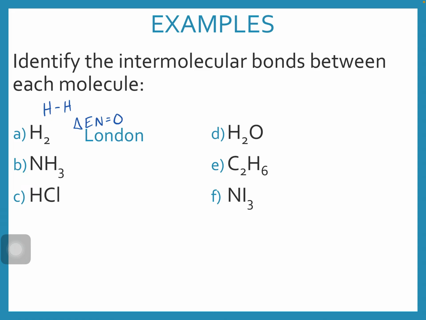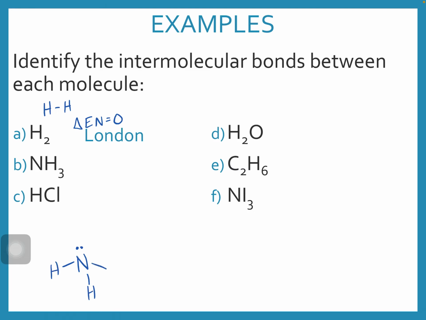Ammonia, so nitrogen is 3 and hydrogen is 2.2, so that has a delta EN of 0.8. If we were to look at this in a 3D molecule, either using the PhET simulation or building it, nitrogen has a lone pair of electrons and then 3 hydrogens.